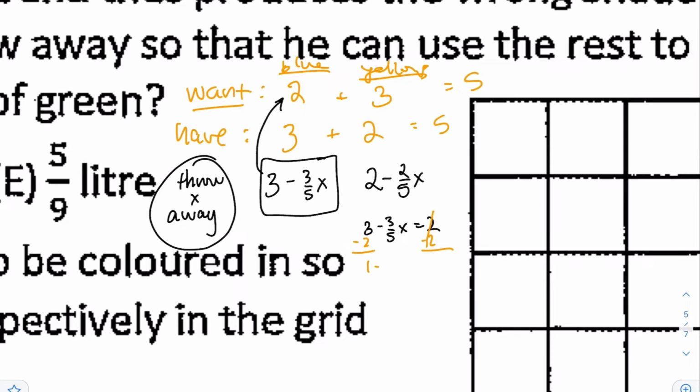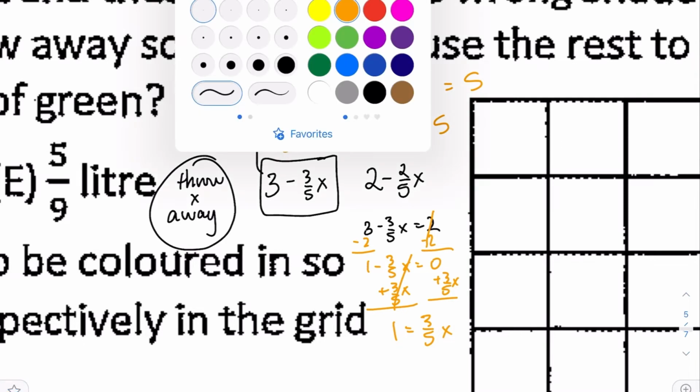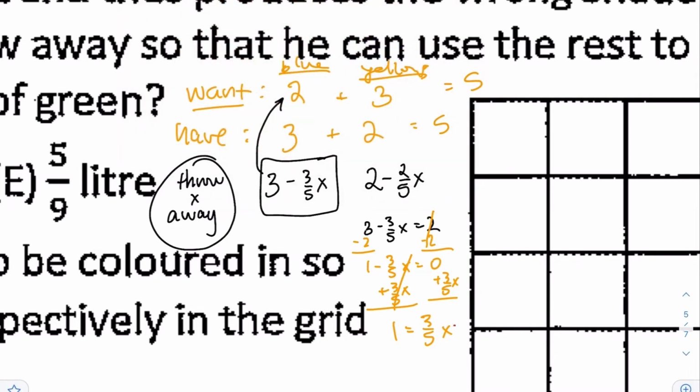And you get that 1 minus 3/5 of X is equal to 0. Then you can add 3/5 X on both sides. You get that 1 is equal to 3/5 of X. And to solve for X, which is how much you throw away, you multiply by the reciprocal, which is 5/3. So you'll throw 5/3 liters away.